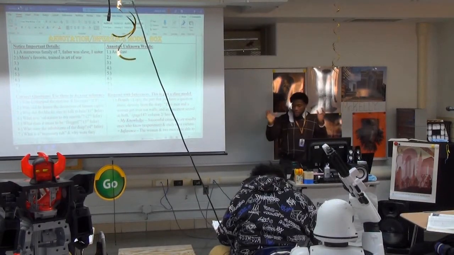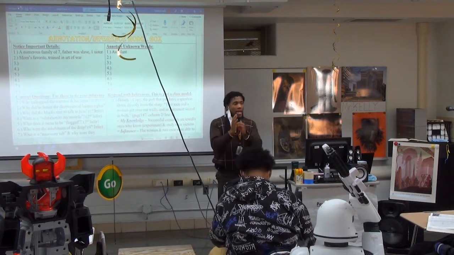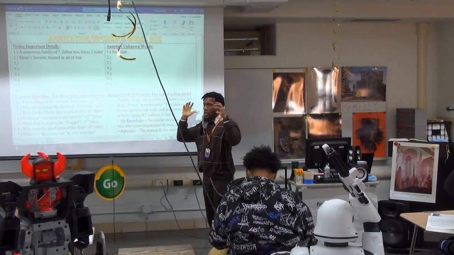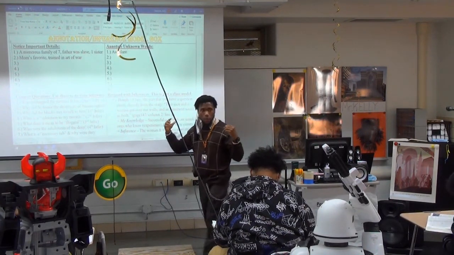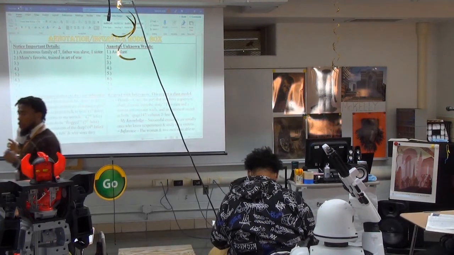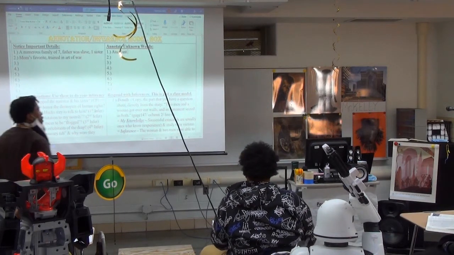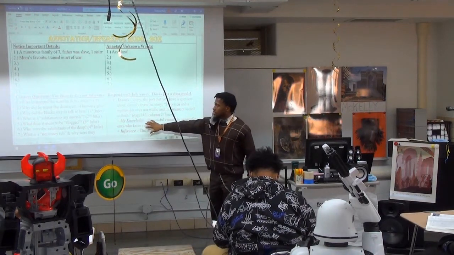Okay? Then remember, from that inference formula, the second thing that we had to put there was our own knowledge and experience. So when it comes to making an inference, we have to bring something to the table. It cannot just be the facts and the details. So we have to bring some type of knowledge to the table.